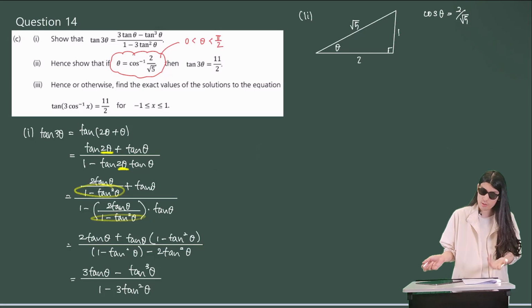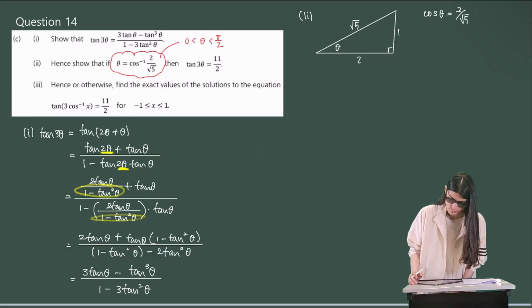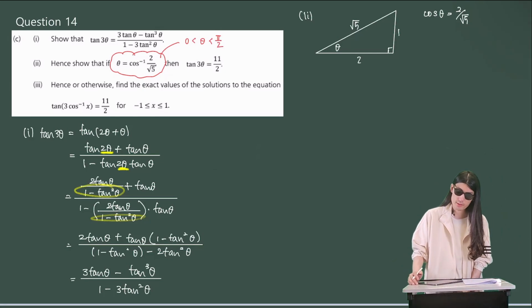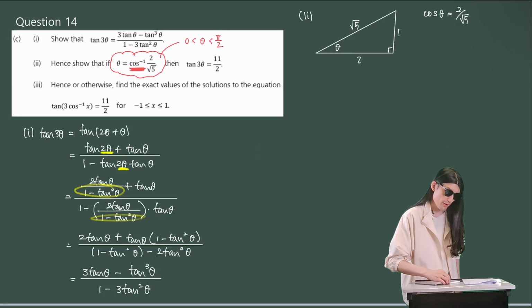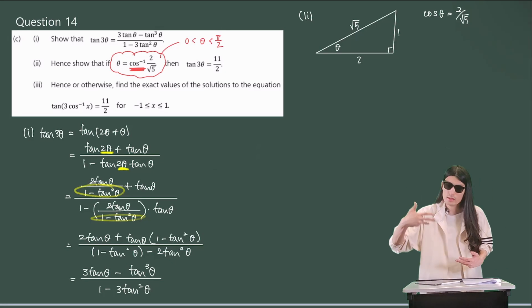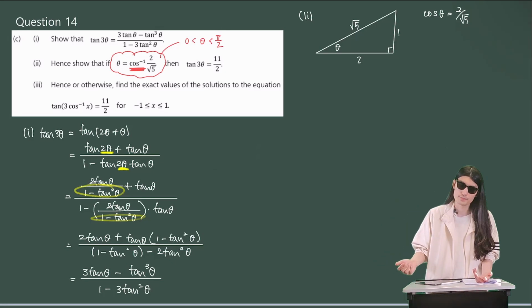It's somewhere between 0 and pi on 2. Why? Cosine theta is a positive ratio, right? And also, by definition, inverse cosine function values are either acute or obtuse.